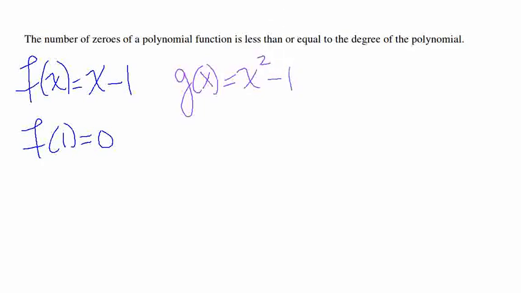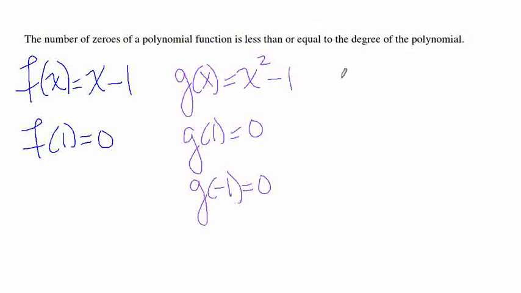This g is a polynomial function of degree 2, so we would expect it to have no zeros, 1 zero, or 2 zeros. And in fact, it has 2 zeros because g of 1 is equal to 0 and g of minus 1 is equal to 0.